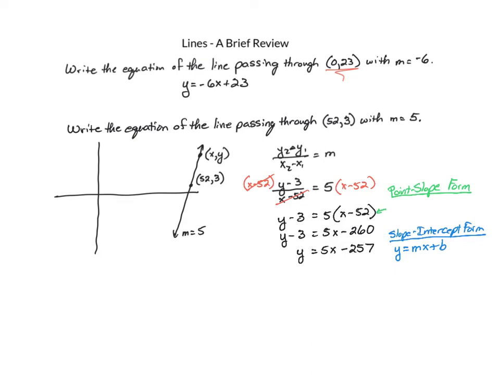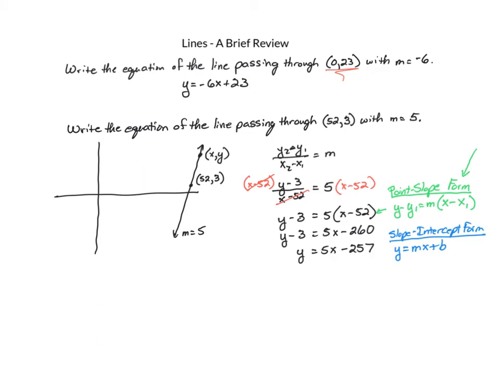And it looks like this. Y minus the y coordinate of your point equals m times x minus the x coordinate of your point. So instead of drawing a picture and writing my extra point xy, it is totally okay to just use this point slope form.